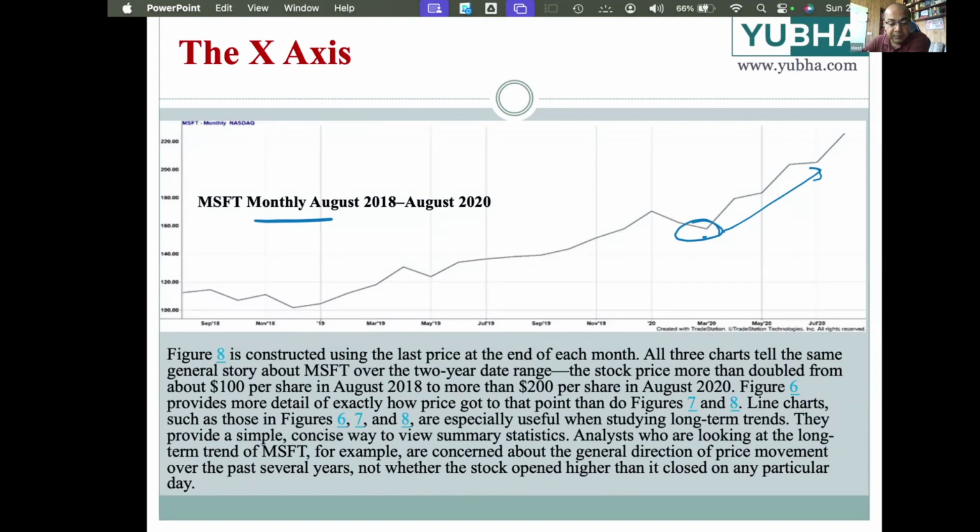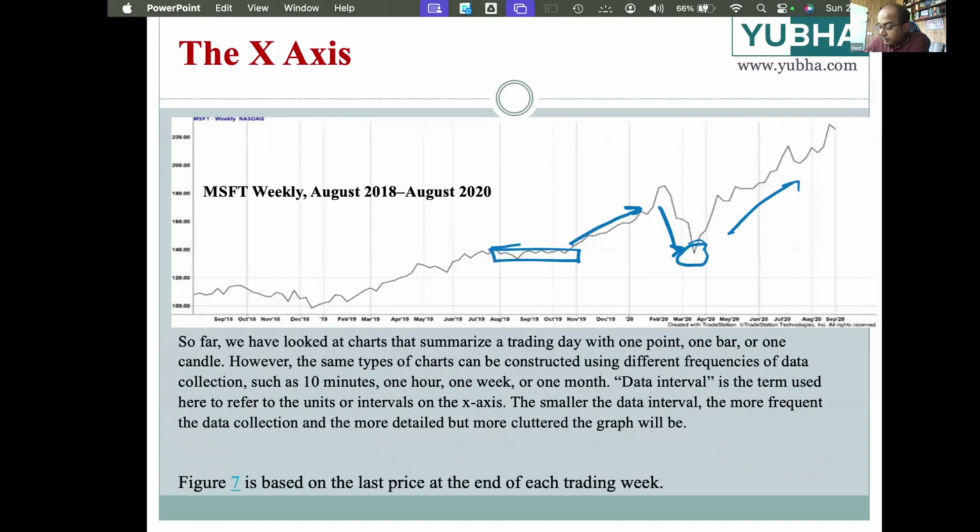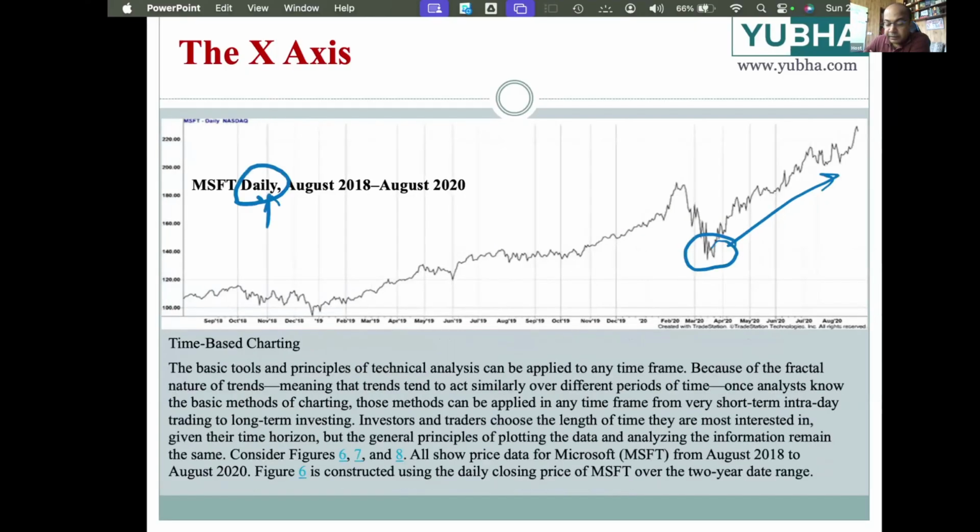The prices fell in March, and that's why it started going down. But the difference is that the monthly chart is only tracking the last price of each month. Over here, it is taking one data point for each week, and here it is taking one data point for each day, which is typically the closing price.